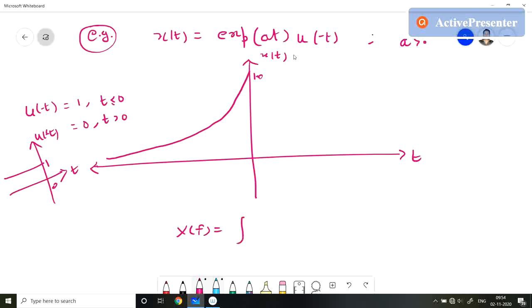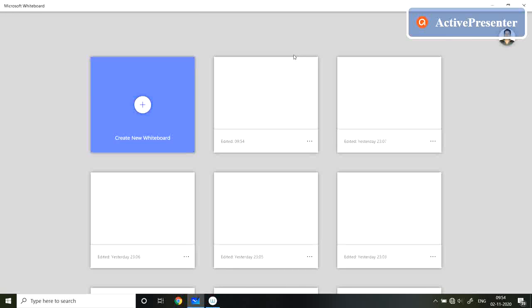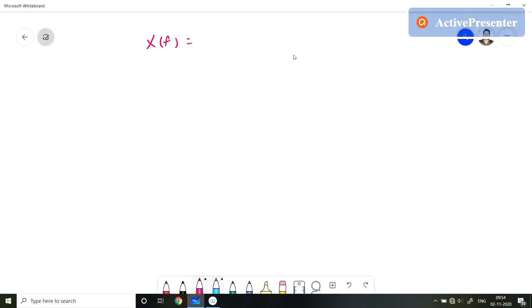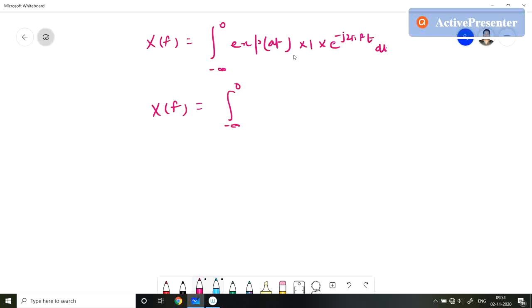The Fourier transform X(f) is the integral from minus infinity to plus infinity of x(t) e^(-j2πft) dt. So X(f) is the integral from minus infinity to 0 of e^(at) multiplied by 1 multiplied by e^(-j2πft) dt, since u(-t) is 1 there.